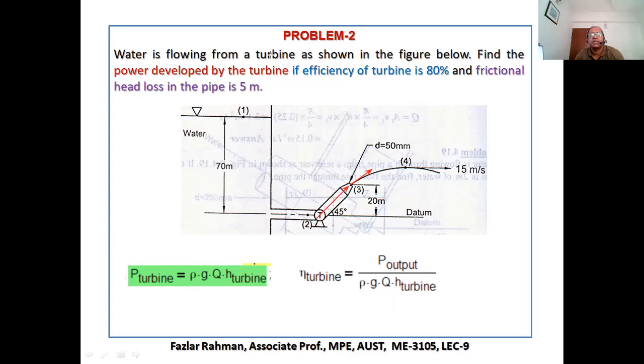That means it has two components of velocity. One is the horizontal component, the other is the vertical component. So for the fluid coming over here, the horizontal component will remain the same, but the vertical component will go down a little bit. Why? Because gravitational force works downward. When it reaches point 4, the horizontal component remains the same, but the vertical component is 0 because g works downward.